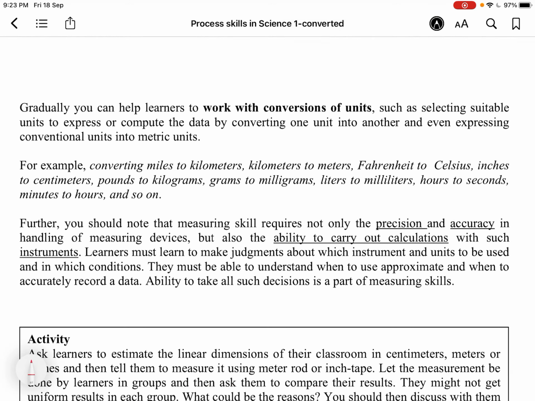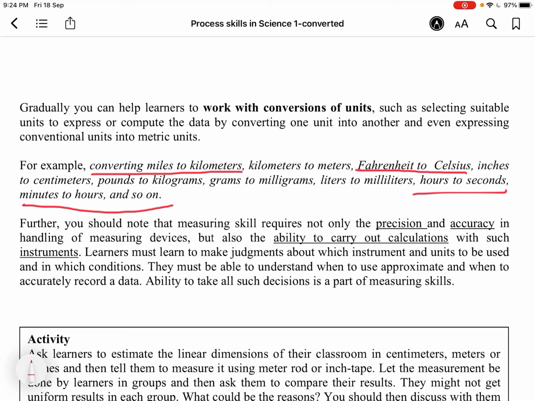For that, activities like converting units from miles to kilometers, kilometers to meters, Fahrenheit scale to Celsius scale, inches to centimeters, pounds to kilograms, grams to milligrams, liters to milliliters, hours to seconds, and minutes to hours, and so on. This type of conversion of one unit into another unit, we can teach them, or encourage them to enhance.